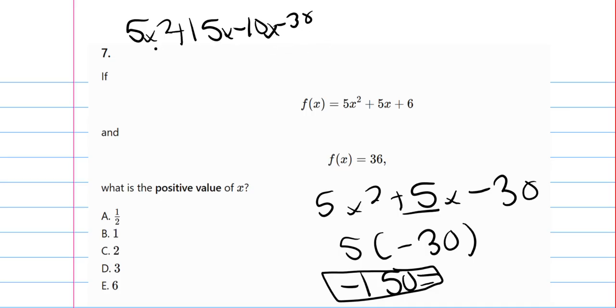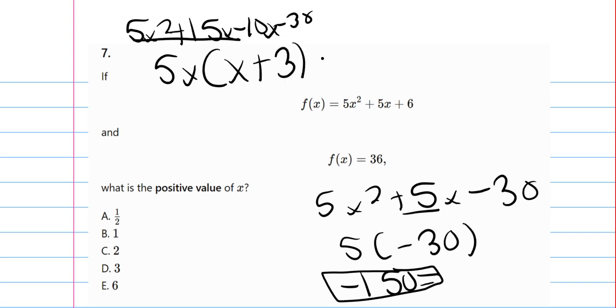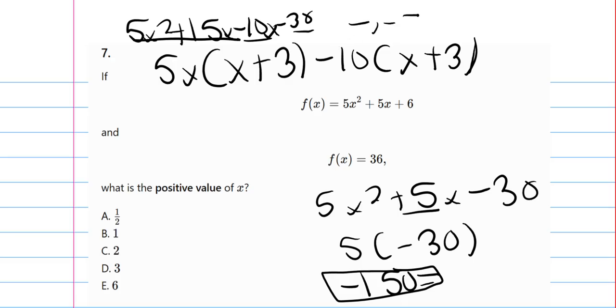So what we see here is that it has a common term of 5x. We can just factor 5x out of everything here, in here first. So you would be left with x plus 3, and here the common factor is 10, so we can just put in 10, and that would be x plus 3, because if I put negative here, this would be positive.